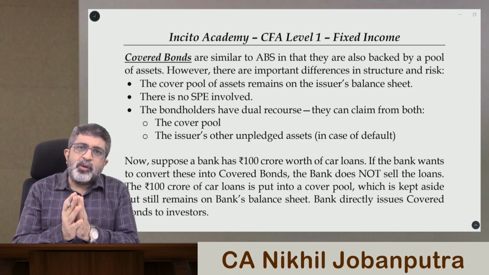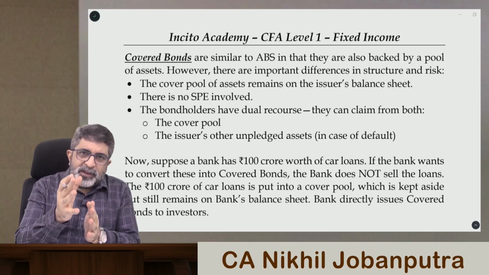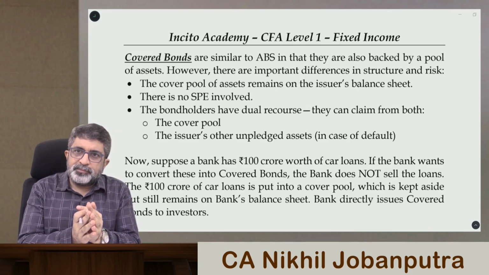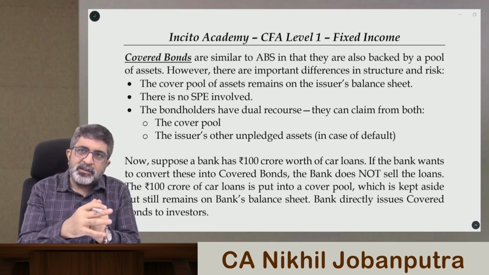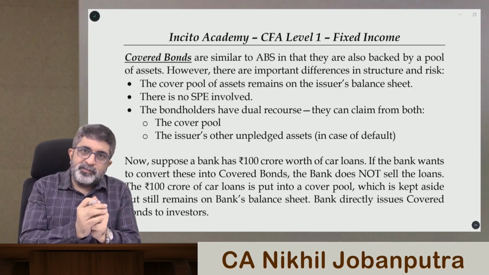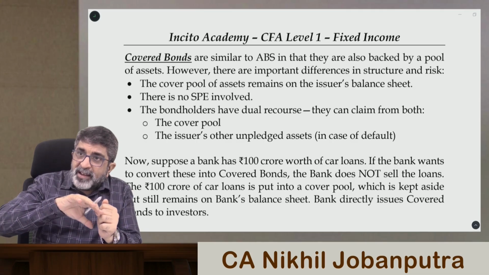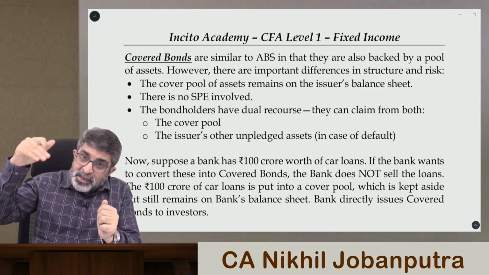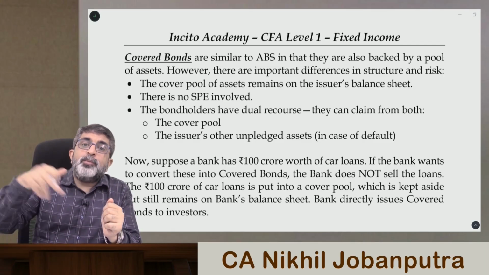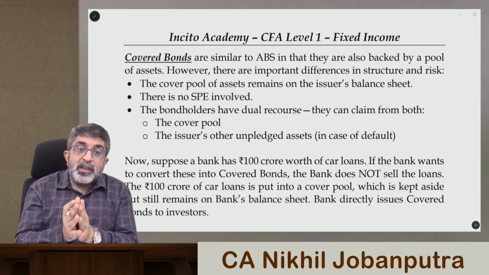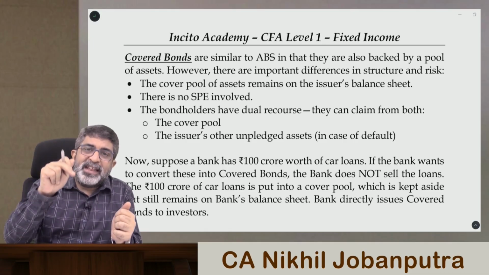Now, what happens in covered bonds? If I just continue with that same example from earlier, the finance company which was giving car loans has created a pool of assets for itself which is in its balance sheet, and now it wants more liquidity. This time, instead of this asset pool being transferred to an SPE and the SPE issuing the bonds, our finance company itself will issue bonds at the backing of this asset pool. That means the asset pool does not leave the balance sheet of the finance company.